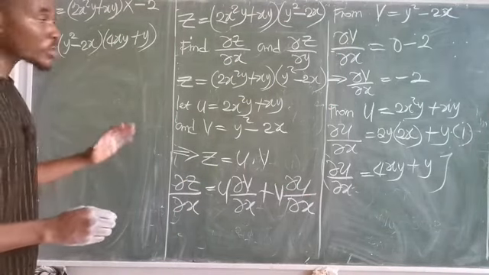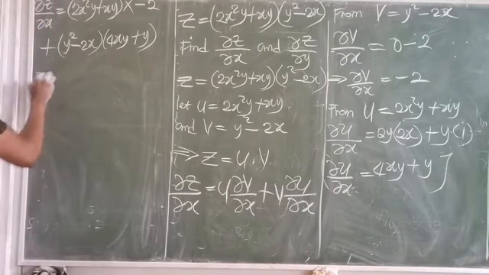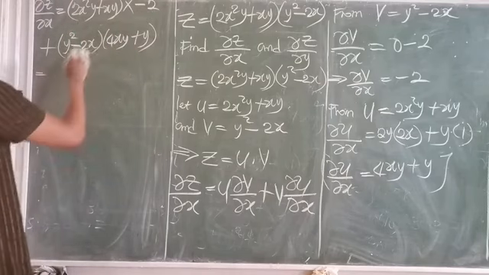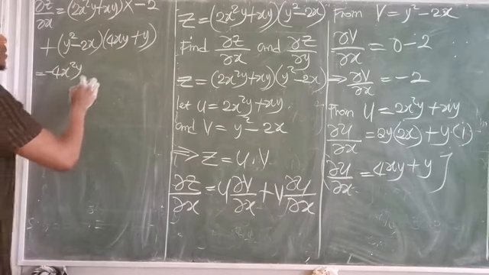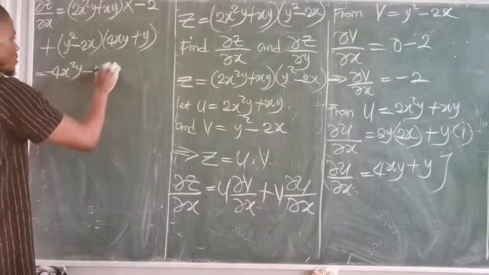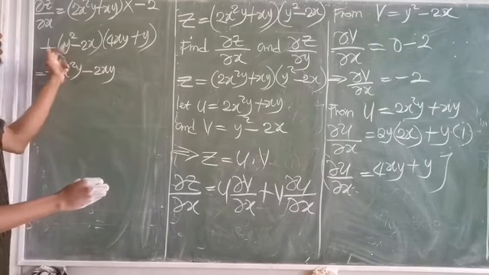All right, so you may wish to expand the brackets, and if you do that, you're going to have this be equal to 2x squared y multiplied by minus 2 gives us minus 4x squared y. Minus 2 multiplied by xy gives us minus 2xy. Here you can expand the whole of this with this and this.